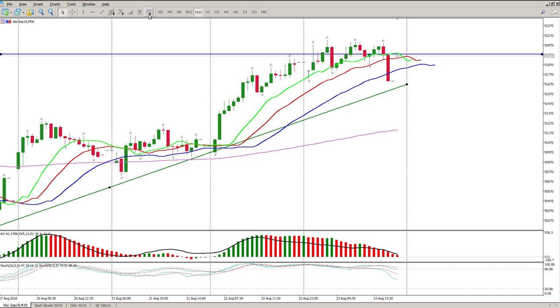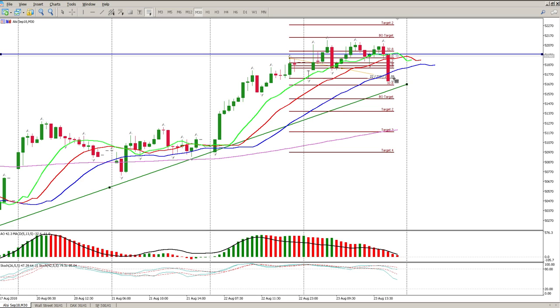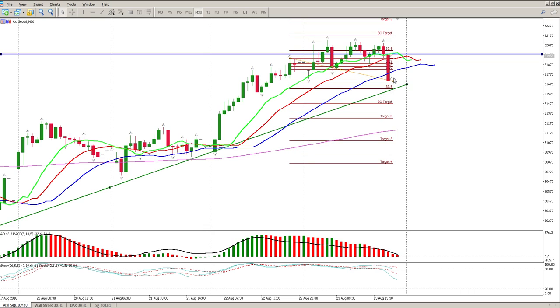So first things first, the opening range break, the closing range breakout strategy, it stretched for the breakout target, but it didn't really get there. And that to me is pretty common.